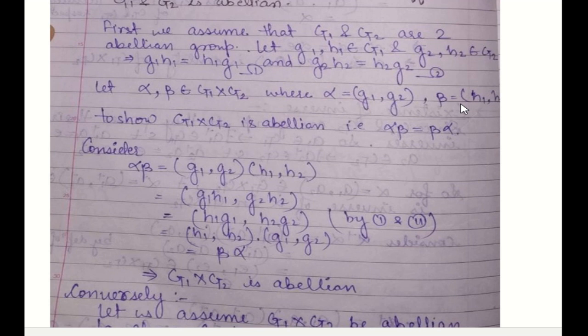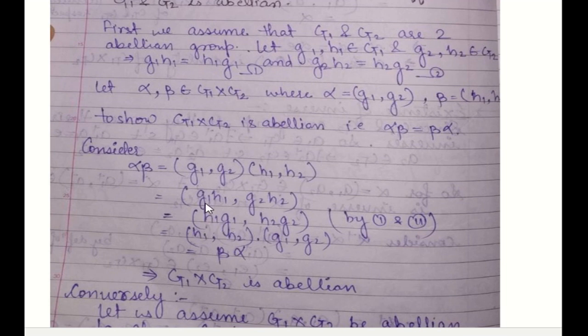To show G1 cross G2, that is the external direct product, is abelian, we have to show alpha beta is equal to beta alpha. For that, first we find alpha beta, and by the definition of product of these two elements, this will be equal to (g1 h1, g2 h2). But we have already taken g1 h1 equal to h1 g1 by equation 1 and g2 h2 equal to h2 g2 by equation 2.